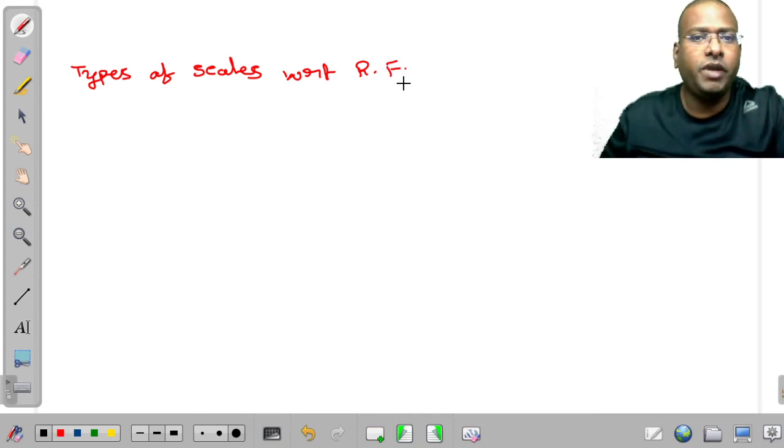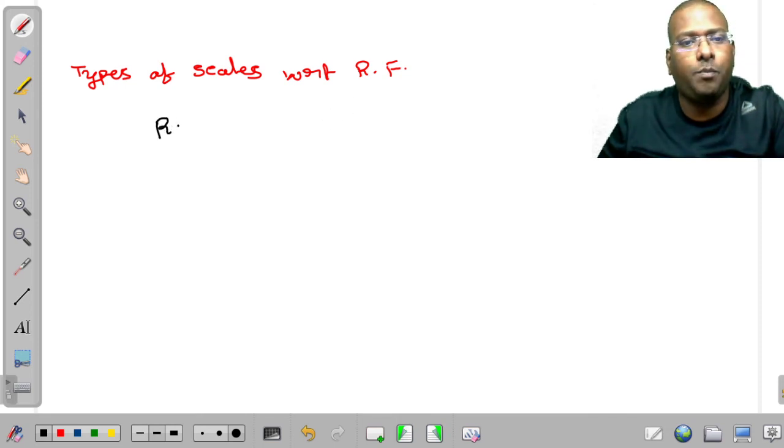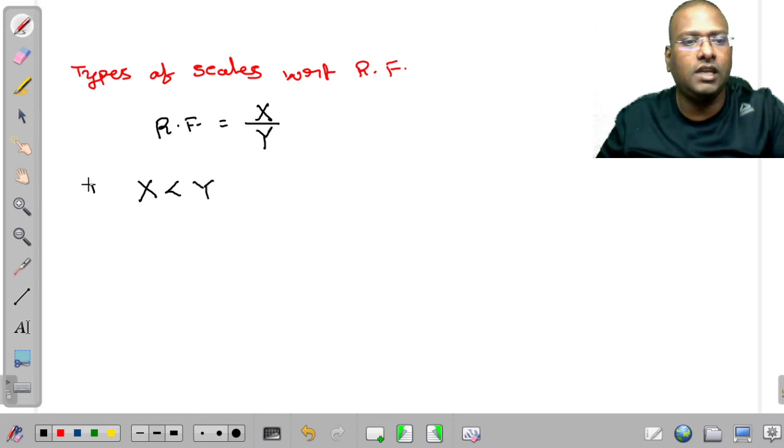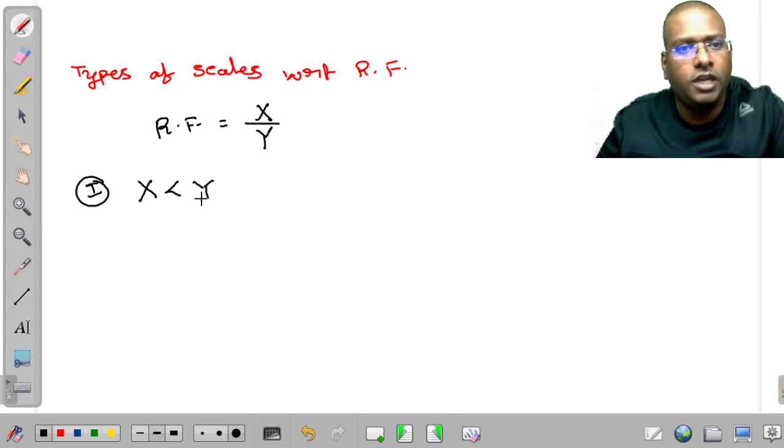So here, based on the representative factor, how can we decide? We know that the representative factor is the ratio of two elements, numerator and denominator. Whenever x is less than y, what is it called? It means the numerator is a smaller quantity and the denominator is a larger quantity.